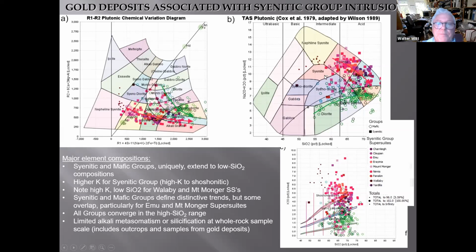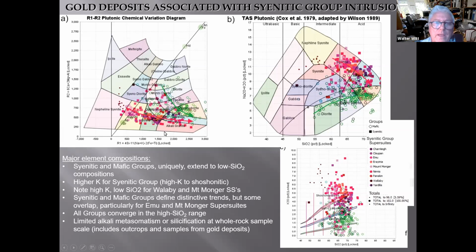Note in the upper two plots there is overlap between the syenitic group and the mafic group. This is particularly evident for the Emu and Mount Munga supersuites. All suites, including the low calcium and high calcium groups, converge towards the high silica end of these plots.